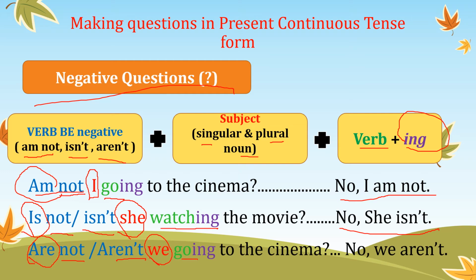So remember, if you start with are not, the full sentence, so your answer should be in full sentence. No, we are not. If you start with aren't we, so your answer should be no, we aren't. Okay, so it's very simple. Just stick with one only. Don't use both. I hope you are clear about this.